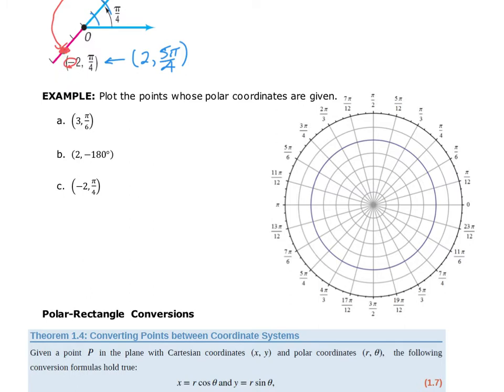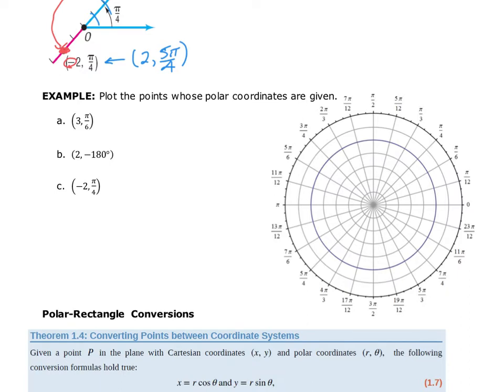So let's take some time to plot these polar coordinates, and then let's see if we can figure out another way to get there. So (3, π/6). I'm going to go out 3 rings, 1, 2, 3 rings, and then rotate to π/6.